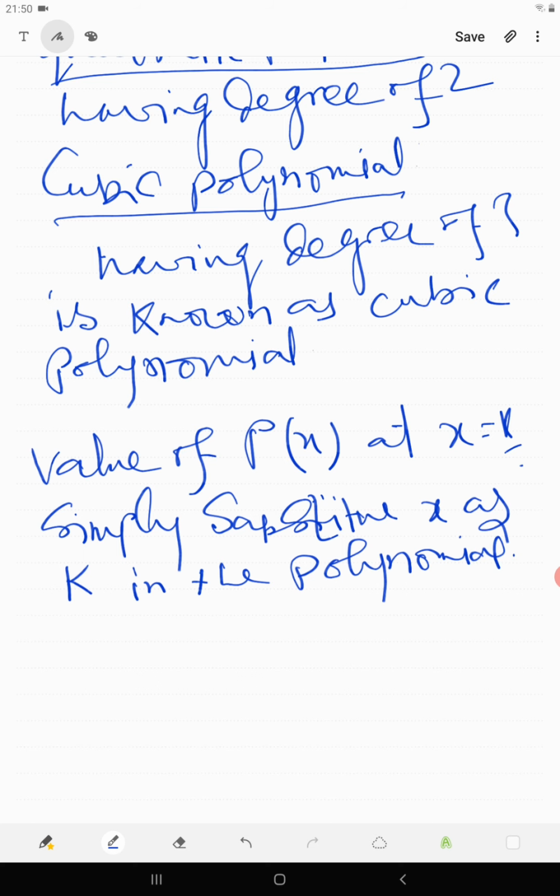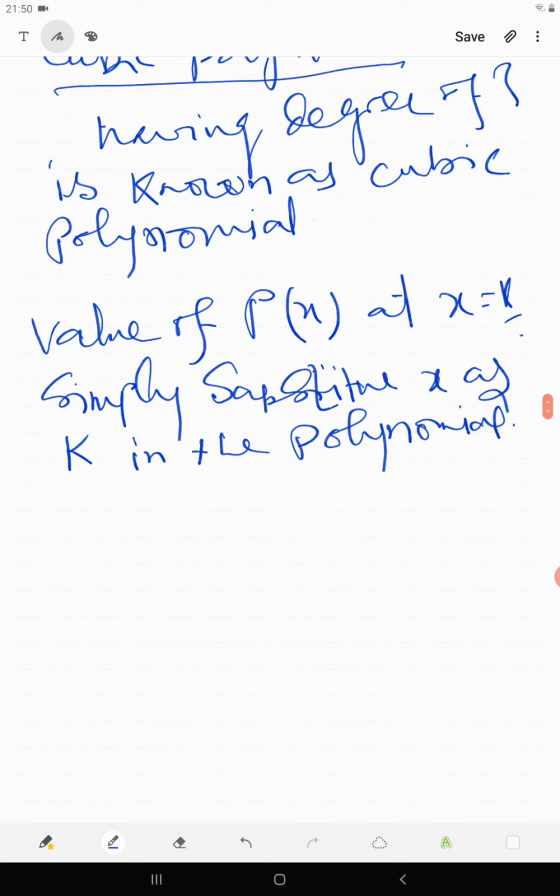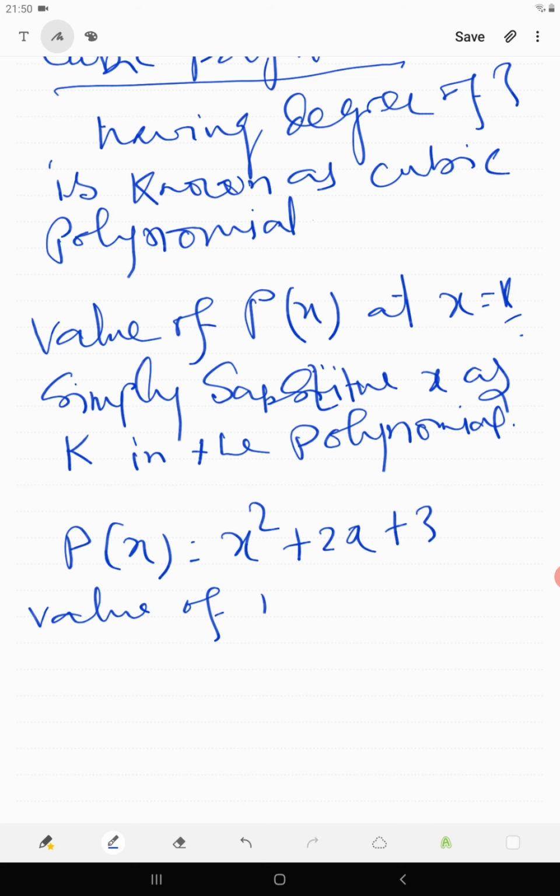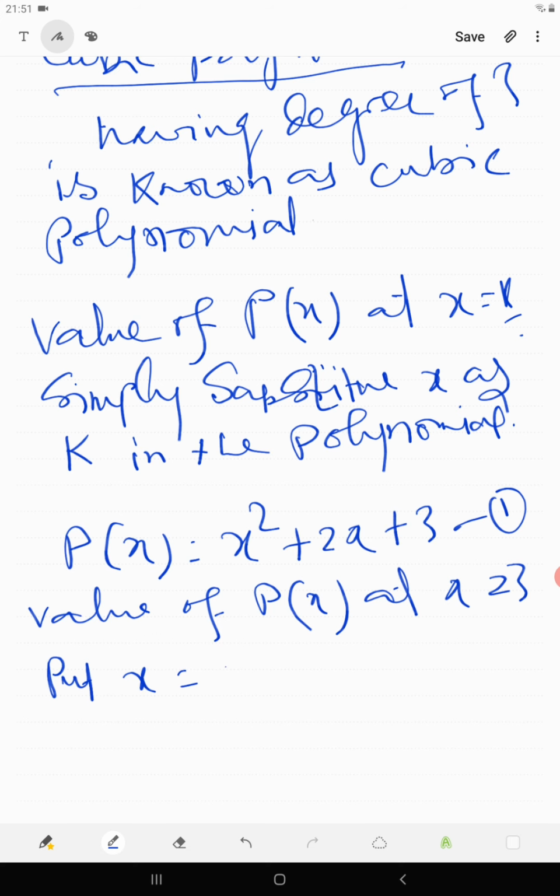Okay, so what does it mean? Let's understand with an example. Suppose we have px equals x square plus 2x plus 3. Now if someone is asking you what is the value of px at x equals 3, simply put x equals 3 in equation 1. So what will you get?